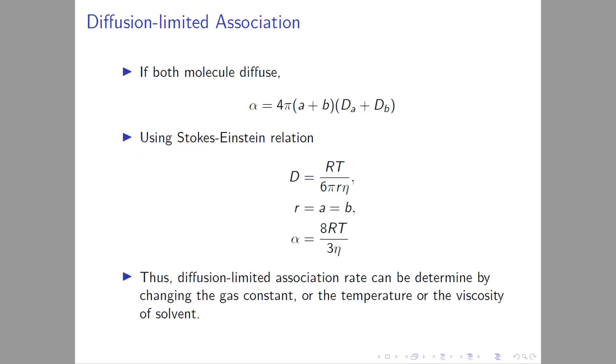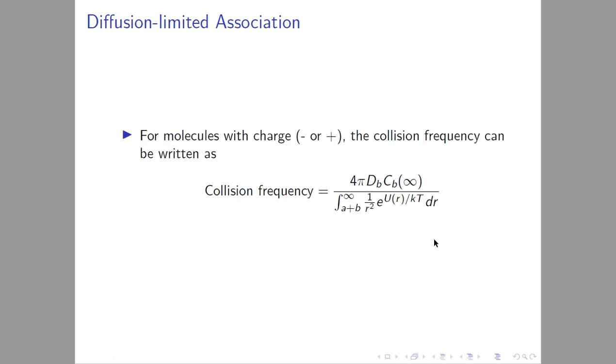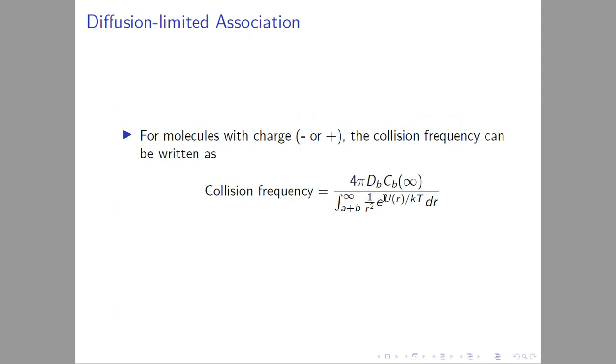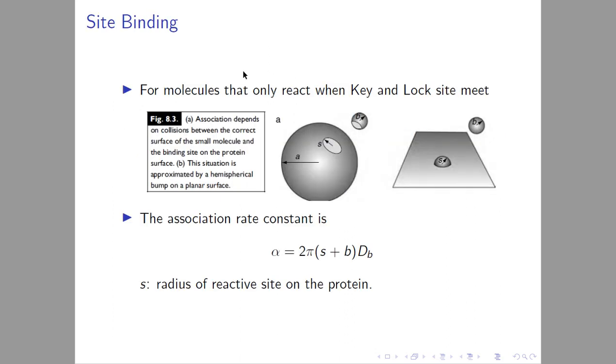Okay, so here we can see these are 4 pi, kT, and R. Here you can find the energy U(R), so we can find the denominator. And as we know that the protein is large and the ligand is small, the ligand only reacts when key and lock site meet.